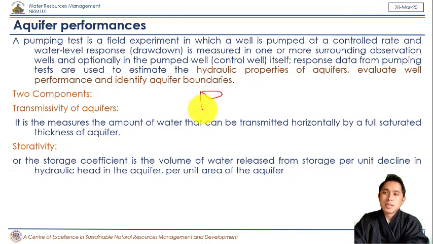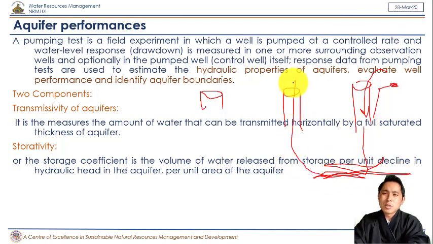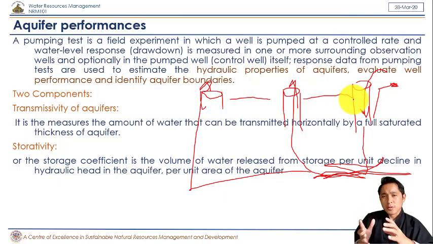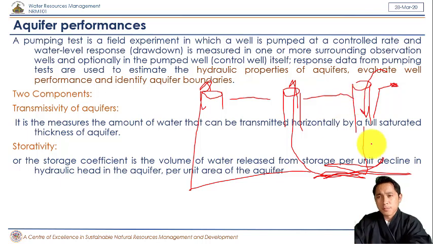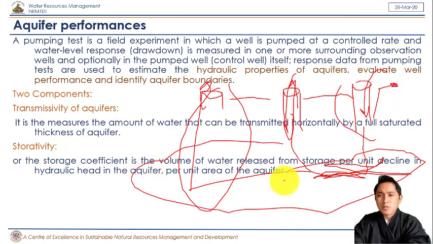For example, if this is one well, and this is another well, and another, what we do is pump a well with a motor over here, so that we know water is moving, and sometimes water comes out from here, sometimes from there. These are all experimental wells, just to see the health of the aquifer and its performance. We pump from here to see the performance of this one and that one, and basically we are trying to see the performance of the rock beneath.